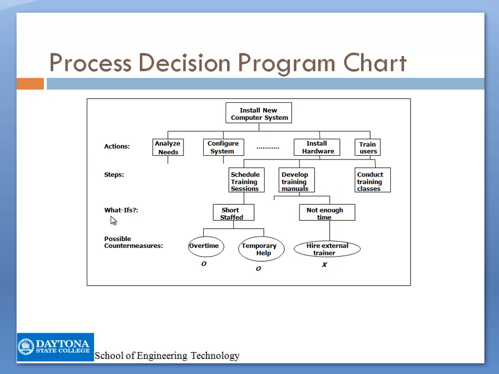Then you will ask yourself what things can go wrong, and this is the what-if level. For instance, in the scheduled training session, you can have short staff. In the develop training manuals, you could have not enough time. And then you develop the possible countermeasures, and you will have an O underneath for optimal ones and an X underneath for those that are rejected.